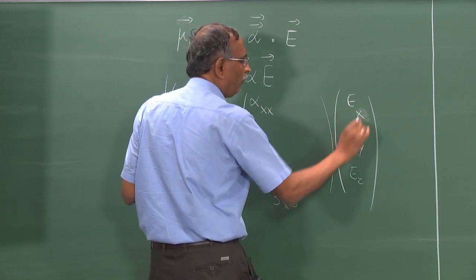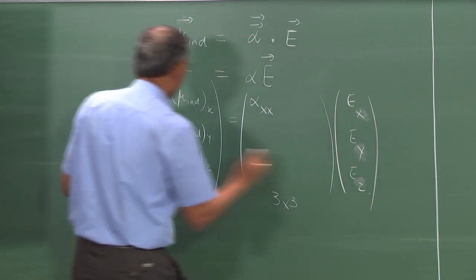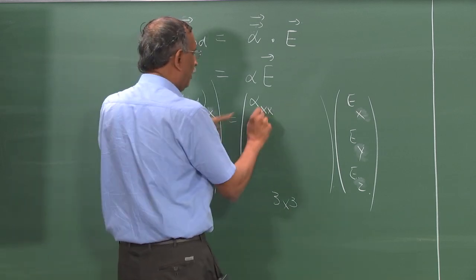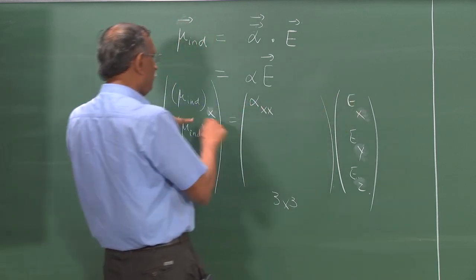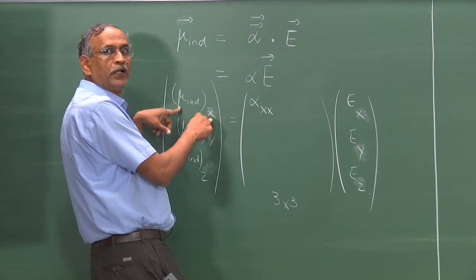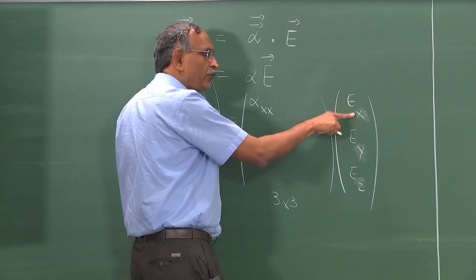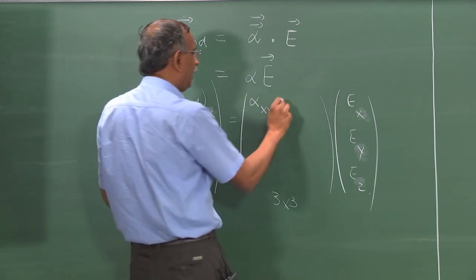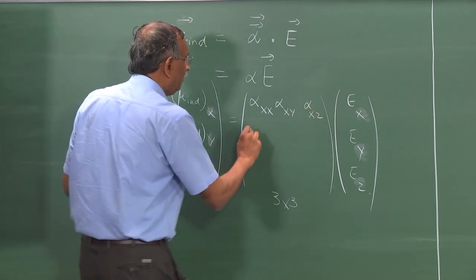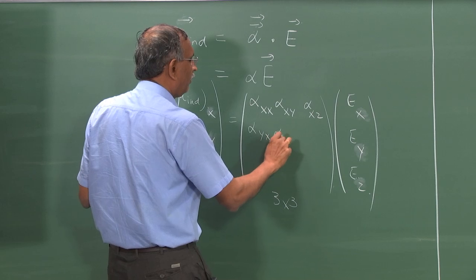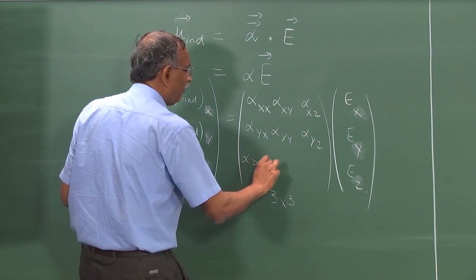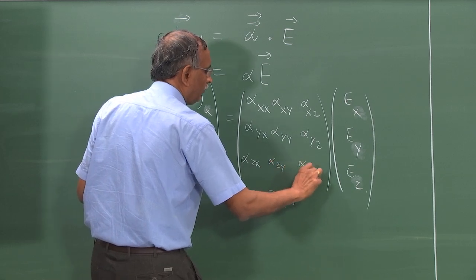If you write all of these as capitals, x, y, z, then alpha xx times Ex, meaning the x component of the induced dipole moment with respect to the x component of the electric field, and likewise alpha xy, alpha xz, and alpha yx, alpha yy, alpha yz, alpha zx, alpha zy, alpha zz.